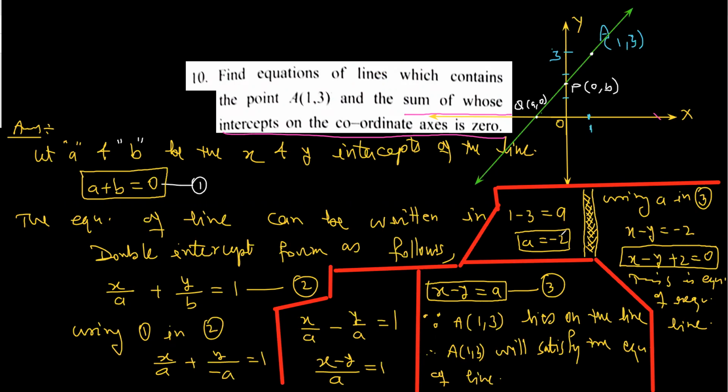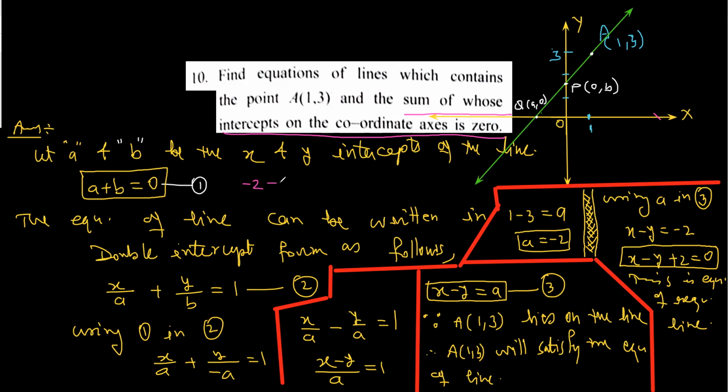So please understand, I'm taking you back to the solution which we wrote. You are getting the x-intercept of the line as -2. A is -2. This is the x-intercept. So if A is -2, what will be the value of B?